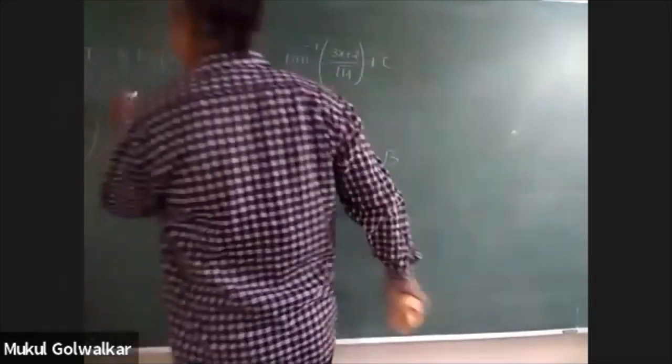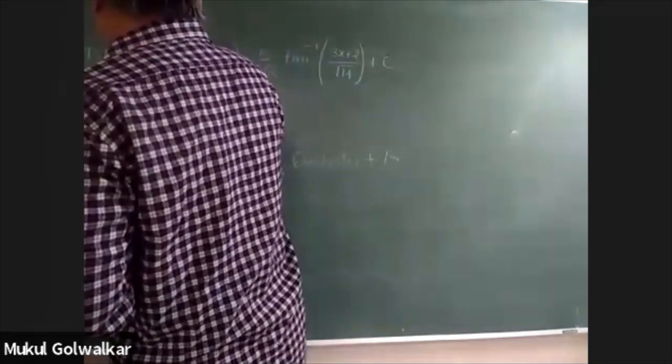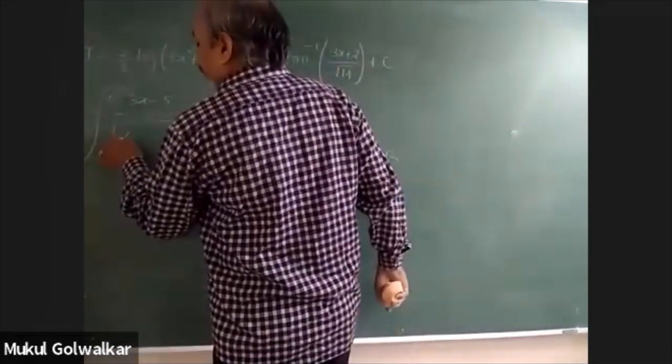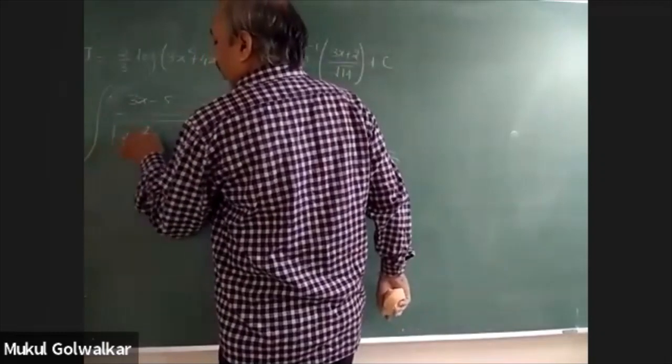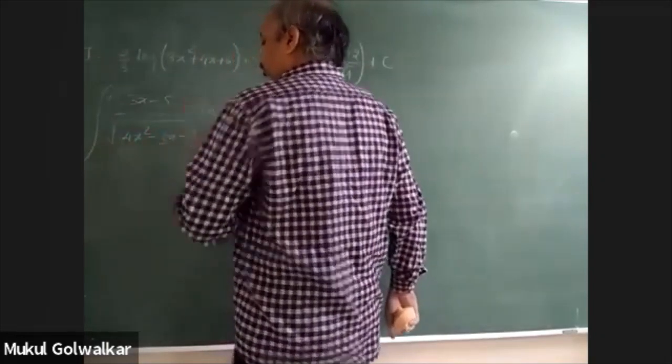We write this in the form of 3x minus 5 upon under root of 4x square minus 3x minus 9. Okay, please solve this question. Yes, sir. Okay.